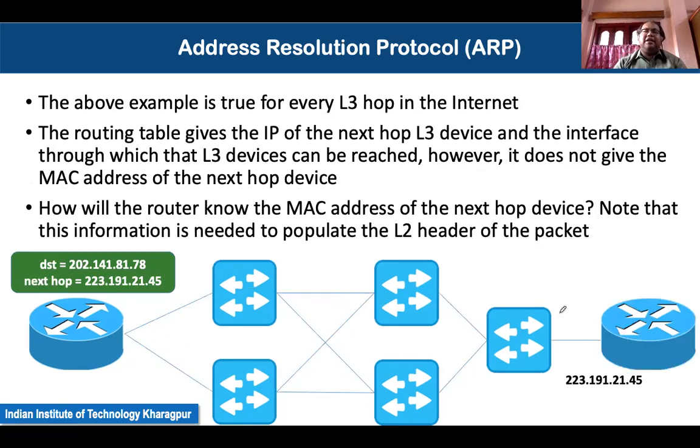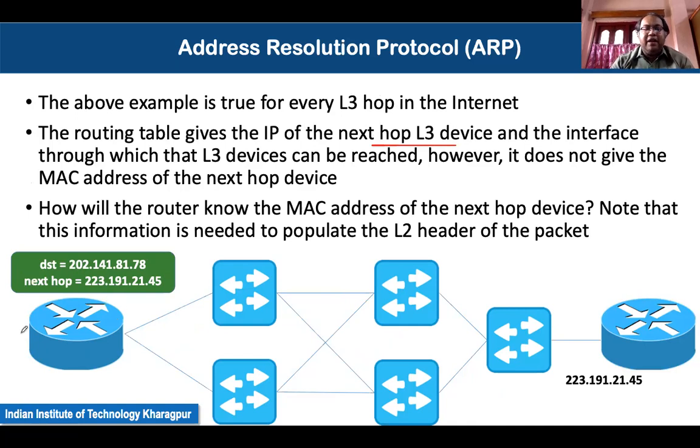Now here is another example where the packet needs to be forwarded between two different routers in two different hops in a network. That is true for every L3 hop in the internet. So the routing table gives the IP address of the next hop L3 device and the interface to which that L3 device can be reached. However, it does not give the MAC address of the next hop device.